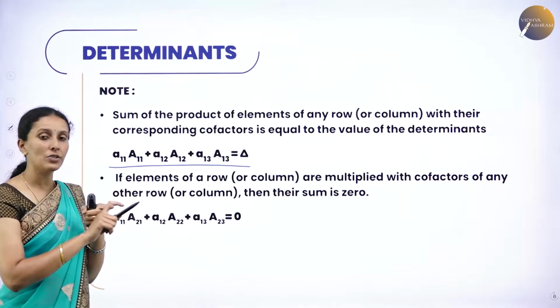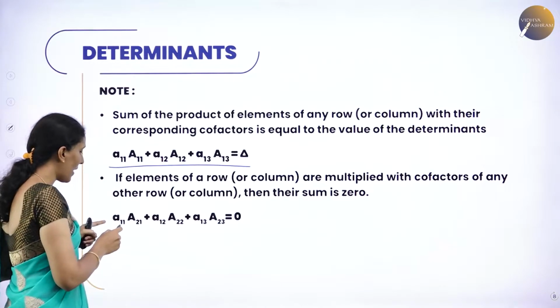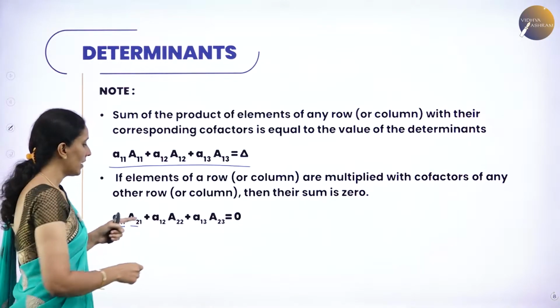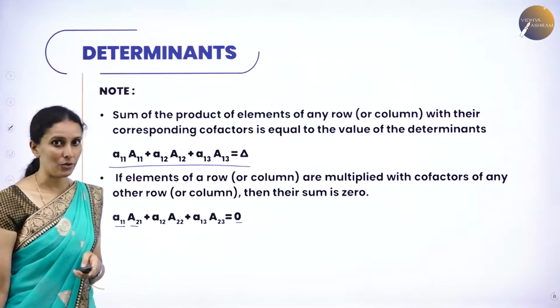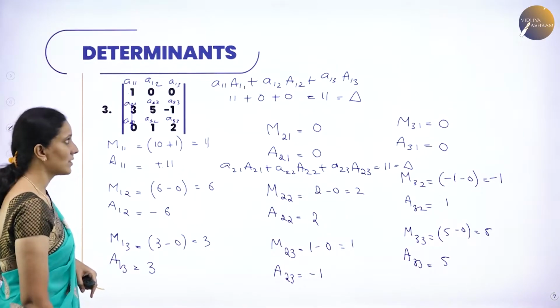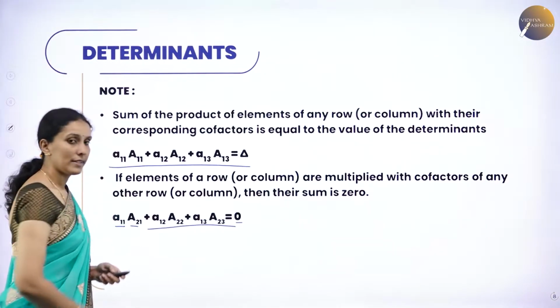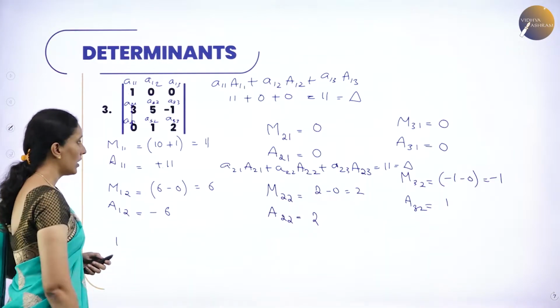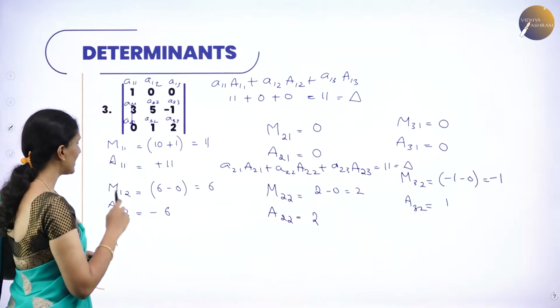But when you take its vice versa, that is when you multiply elements with other row cofactors, then the value will be equal to 0. Let us check this also. Now we have A11 as 1. So let me prove this now. Let me take A11, A11 is 1. Now let me take A21. What is A21?